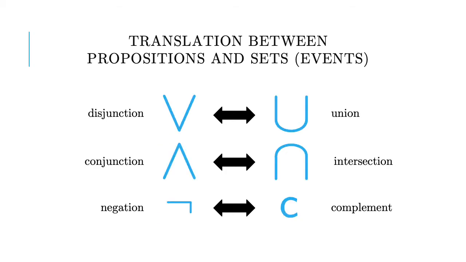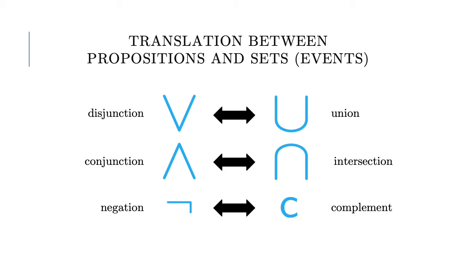Similarly, the logical connectives with which we are familiar will map onto set theoretic operations, that is, operations on sets or events. In particular, disjunction, or, will map onto the operation of union, in which we take the union or the combination of two sets interpreted as events.